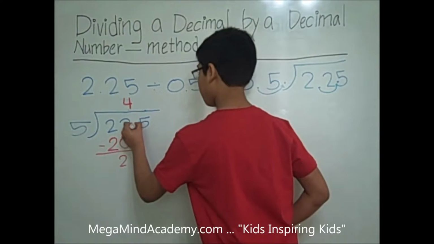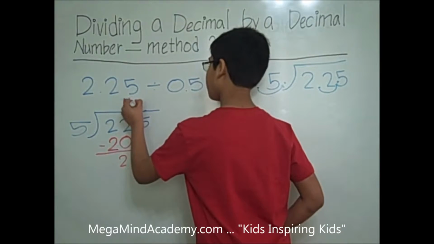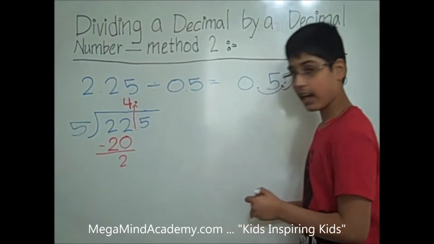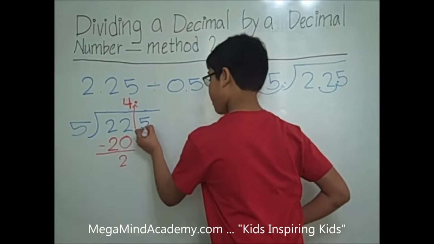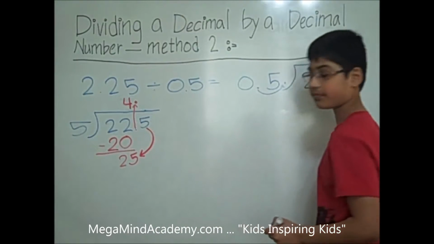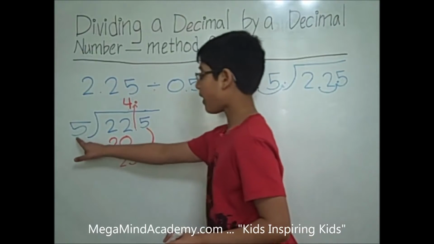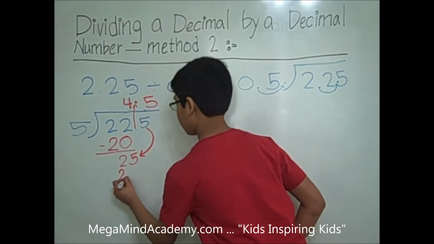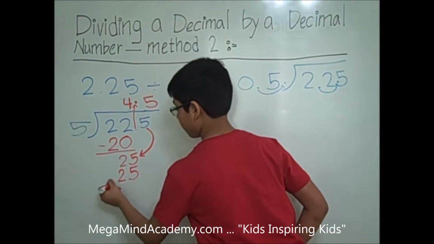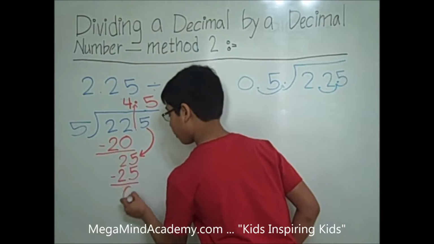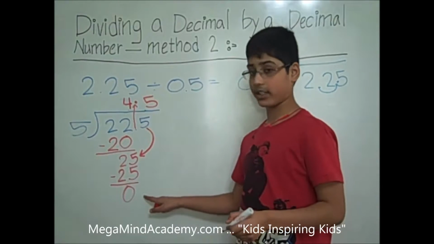You carry your decimal point up. So it becomes 4 point. And then now you have 5. You carry your 5 down and it becomes 25. 5 times 5 is equal to 25. So you subtract 25 from 25 and you get 0. 0 is your remainder.